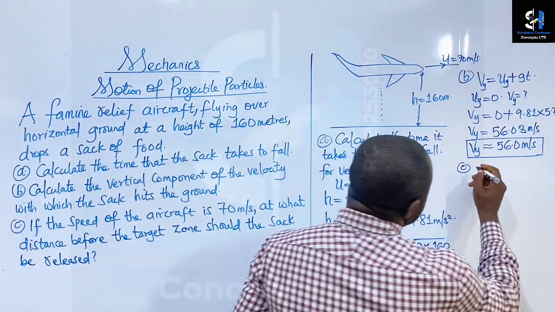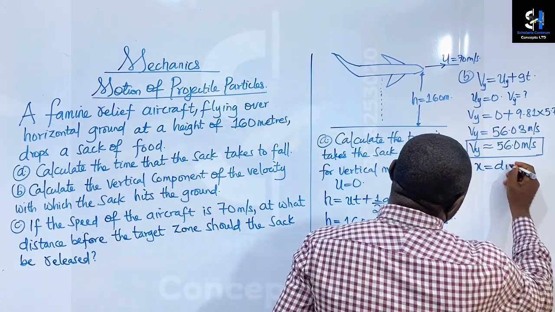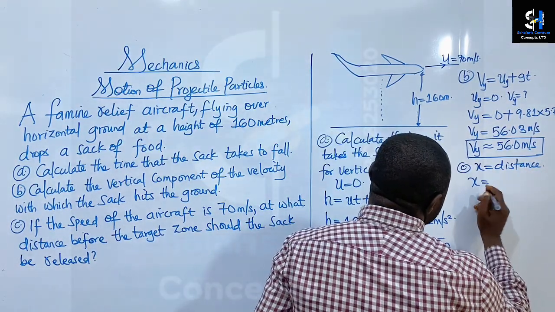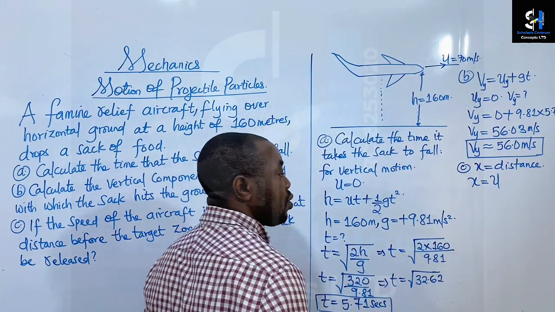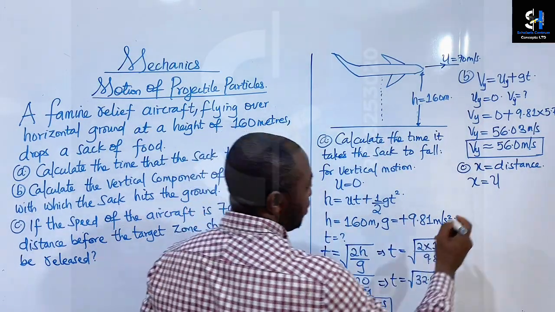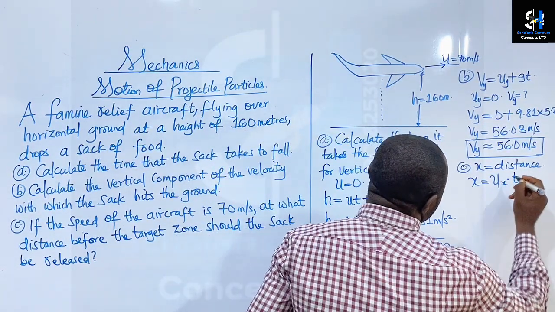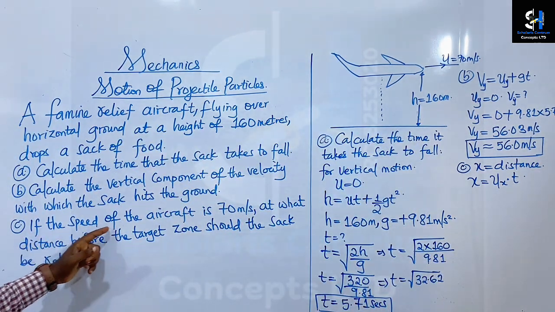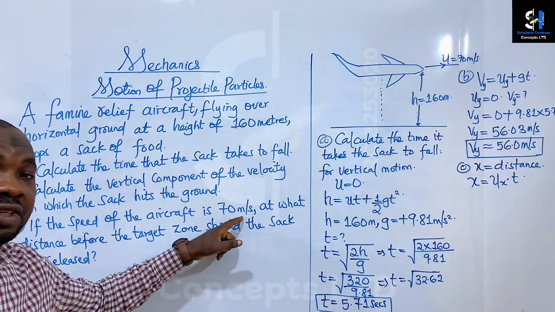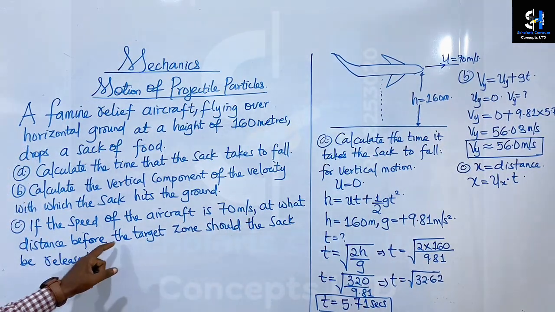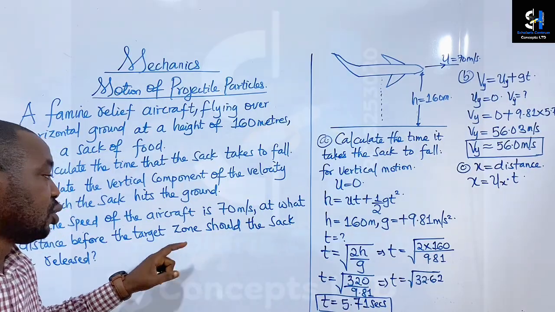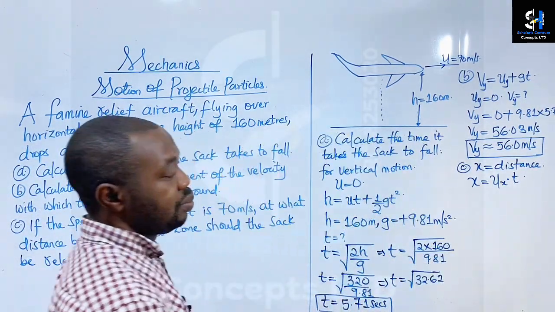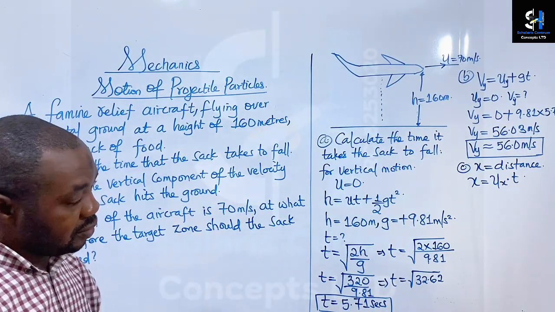Let x represent the distance, and we know that distance is the horizontal velocity multiplied by the time of flight. The question reads, if the speed of the aircraft is 70 meters per second, at what distance before the target zone should the sack be released? So that's why it is important to use the same value of t, 5.71.